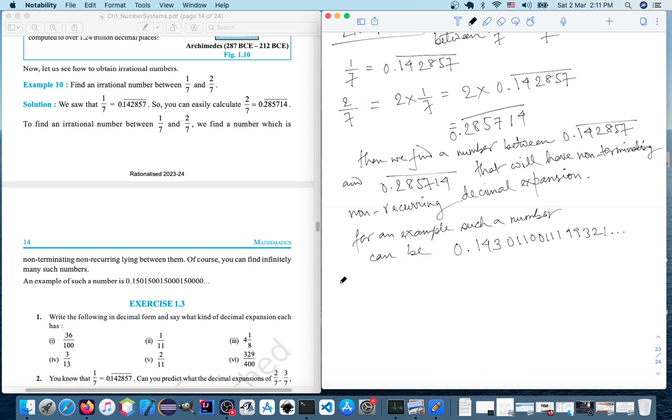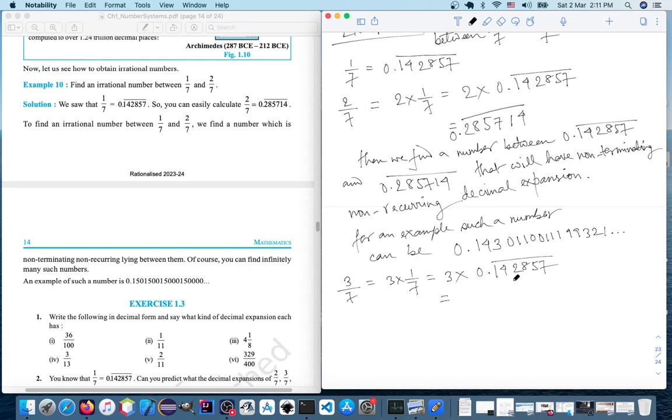If we use this concept, 3 by 7 will be 3 into 1 by 7, and we already know 1 by 7 is 0.142857 bar.